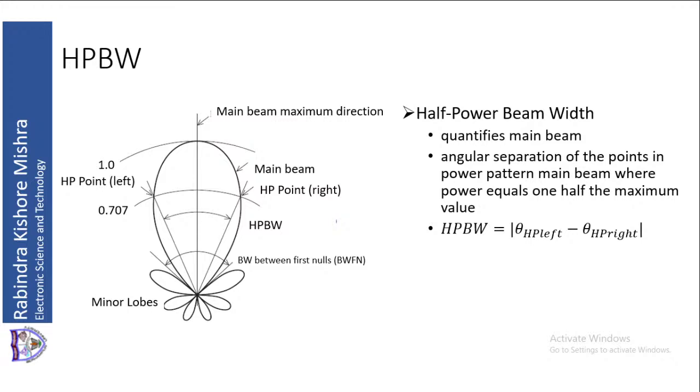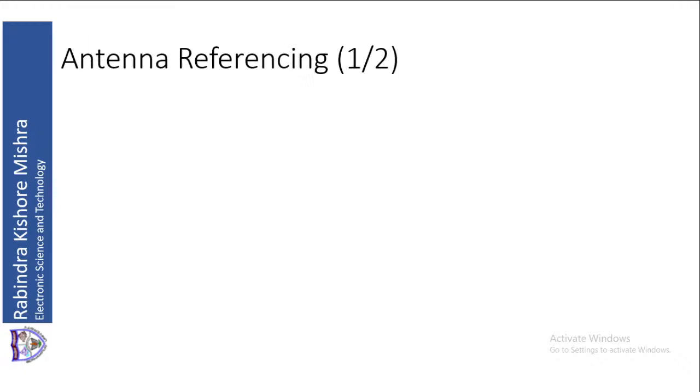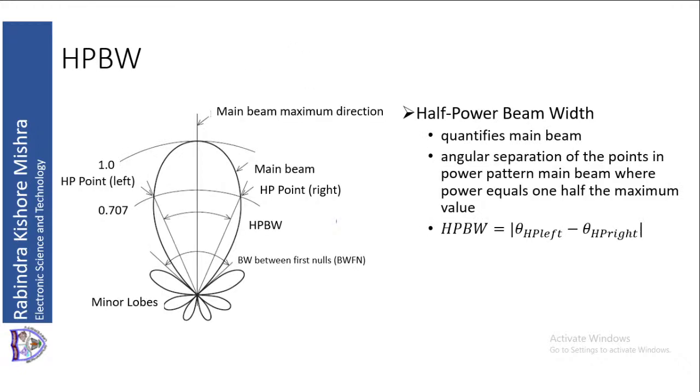Analytically, you can write HPBW is equal to the absolute value of theta half power on the left side minus theta half power on the right hand side. That gives you the half power beam width.